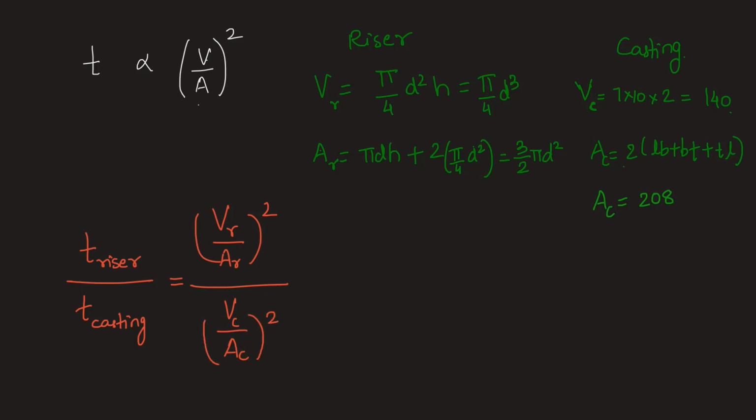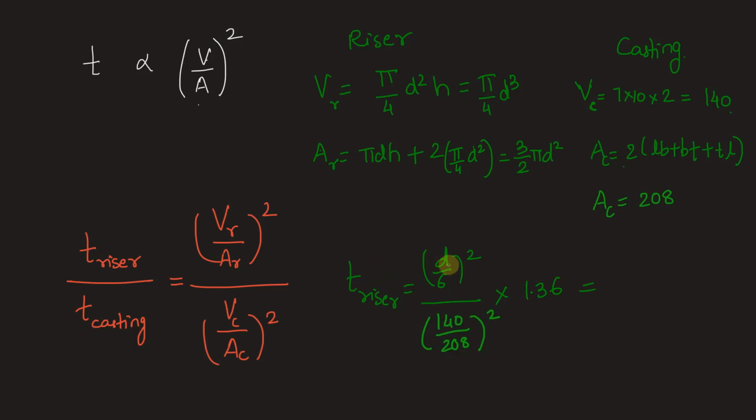Let's substitute and find out the solidification time of the riser, which will be equal to VR by AR, which is nothing but pi by 4 D cube by 3 by 2 pi D square. After simplification, we get this as D by 6 whole square, divided by VC by AC, which is nothing but 140 by 208 whole square, into the solidification time for casting, 1.36 minutes.